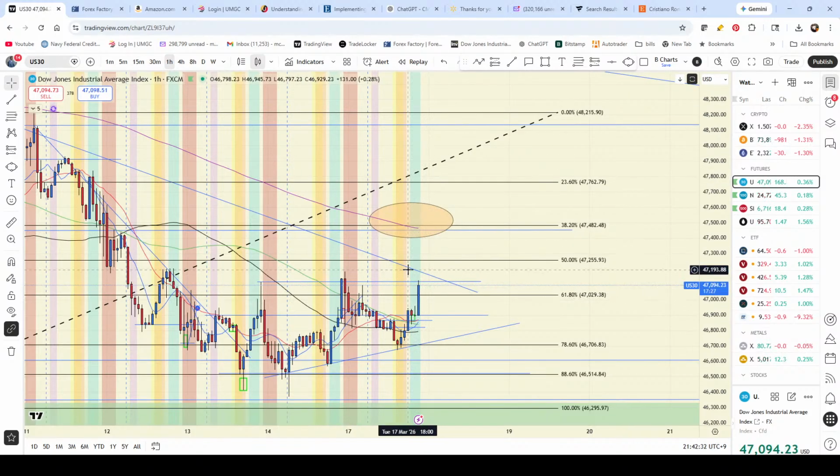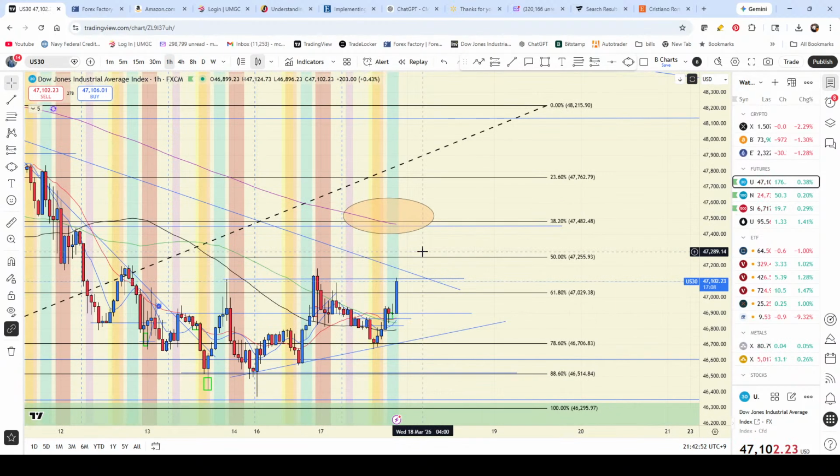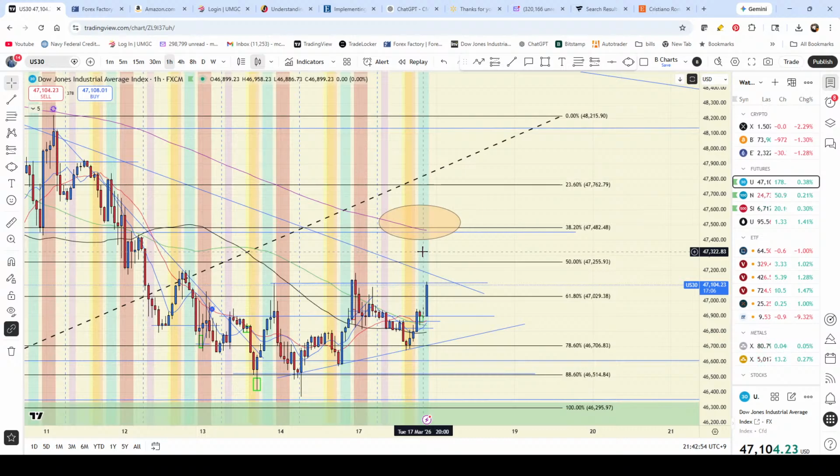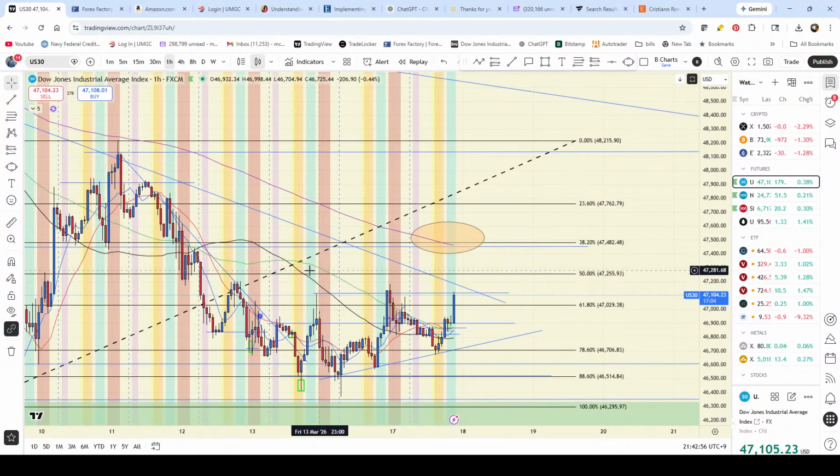Because for all we know, they can push up in 17 minutes and close bull, or it can close bear, you know. We're going to see.